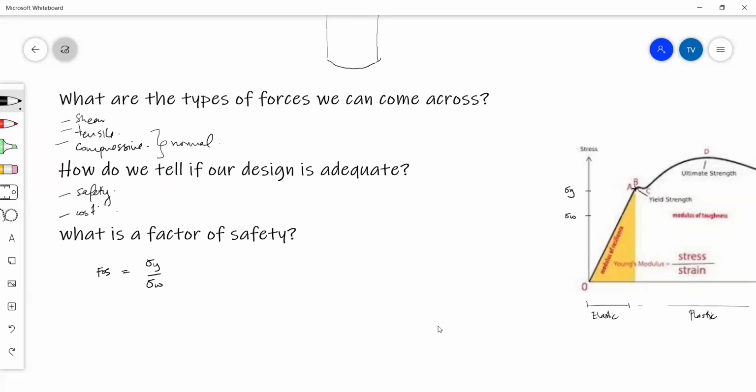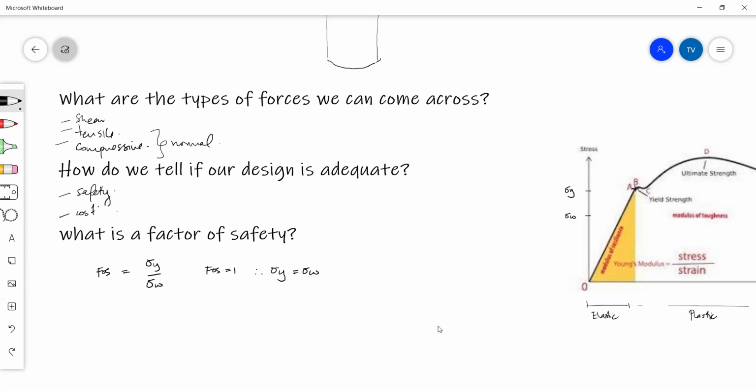But let's say we have a factor of safety of 1, right? That would mean that our yield stress is equal to our working stress. Now, do you think this is a good principle to design your components to, making your yield stress equal to your working stress? No, it's never a good idea. Why? Because it gives you no room or margin for error.